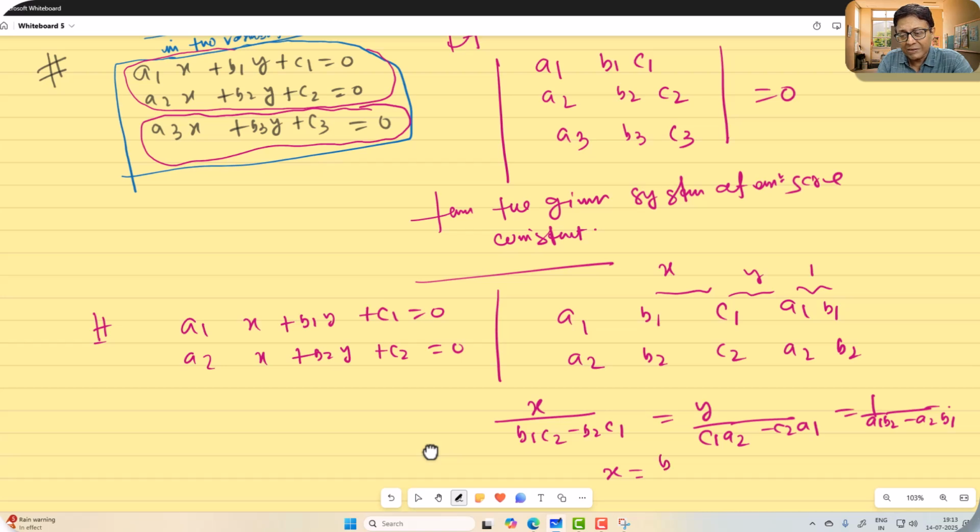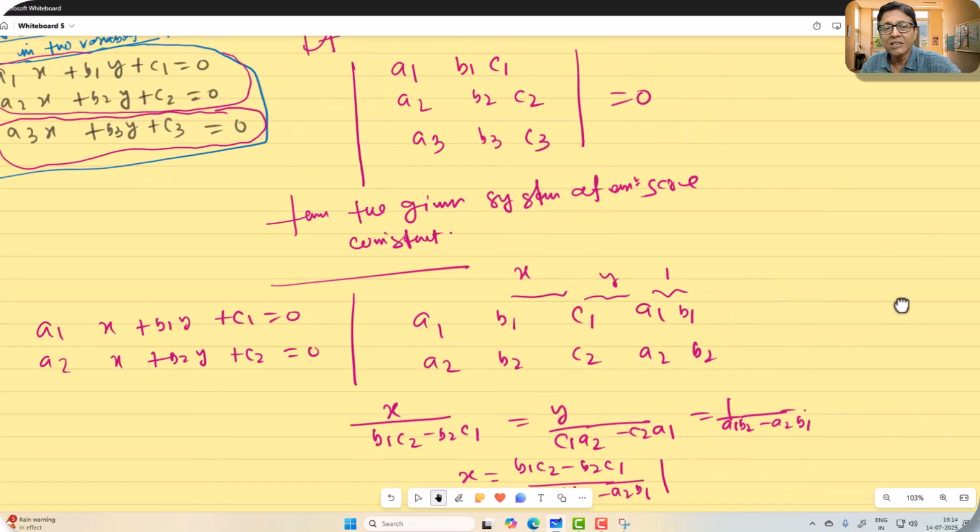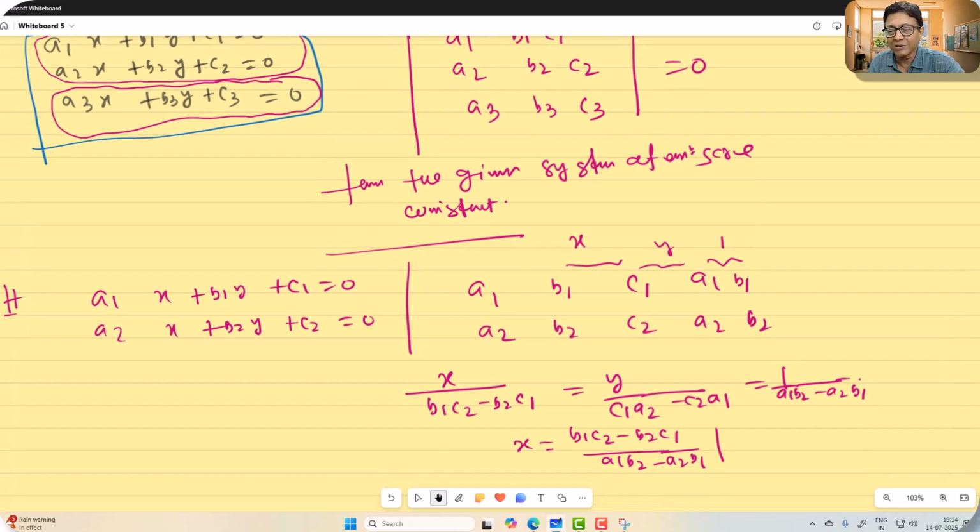So the values of X and Y you got here. What is X? B1 C2 minus B2 C1 by A1 B2 minus A2 B1. Taking some time to derive it, because otherwise in this result you may be suspicious whether it is a true method or not. Y is C1 A2 minus C2 A1, divided by the same.